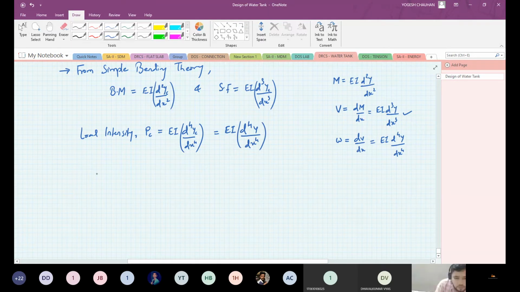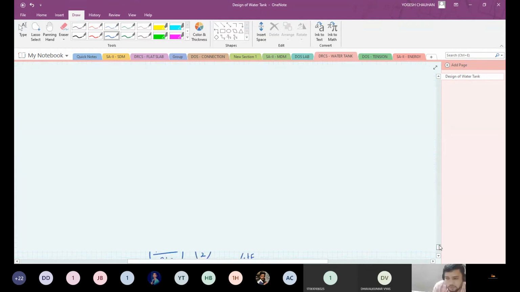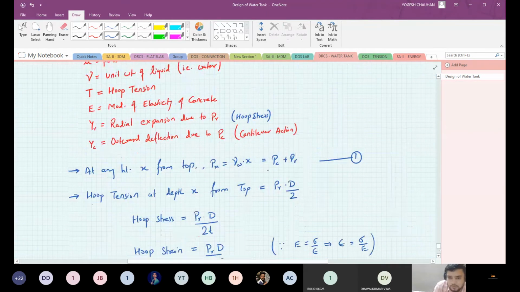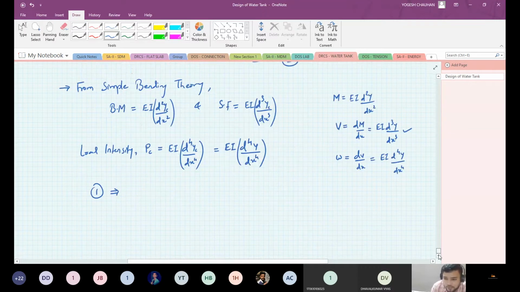Okay, now from equation 1, PC plus PR equals gamma w times x. So now we have the value of PR, so we can substitute that.